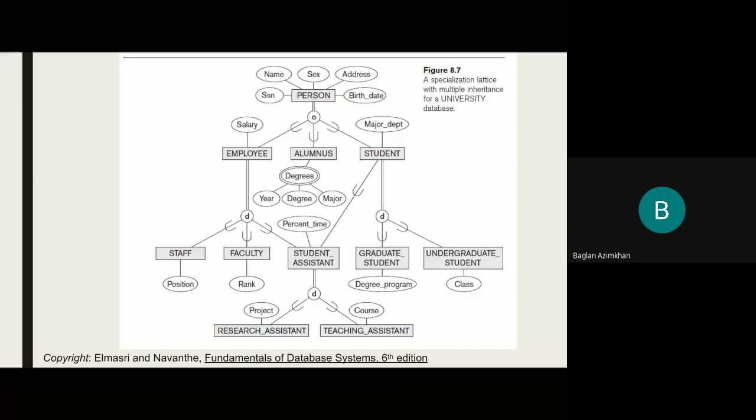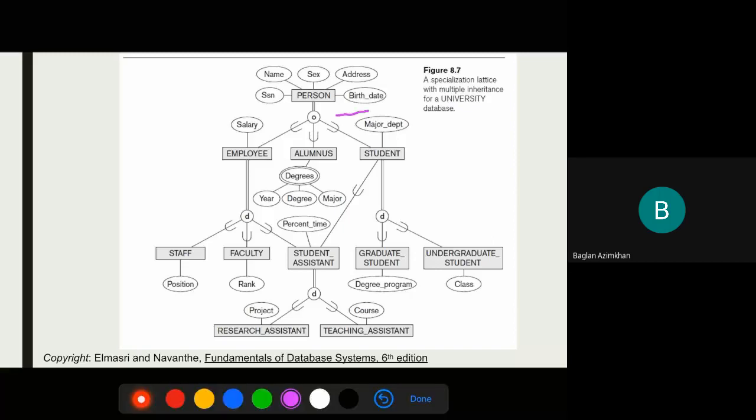No, it means that an instance of the superclass can belong to more than one of the subclasses at the same time. So the only example of that was this person, the same person can be a student and an employee of the university.